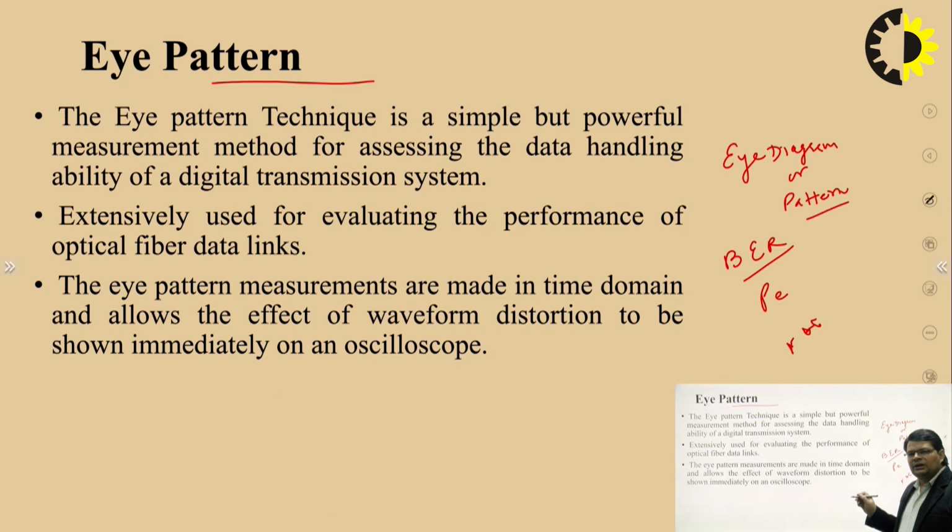All these are mathematical forms, but the performance of any communication system can also be analyzed using some graphical method, graphical technique. One such example of analyzing the performance using graphs or diagrams is the eye diagram.